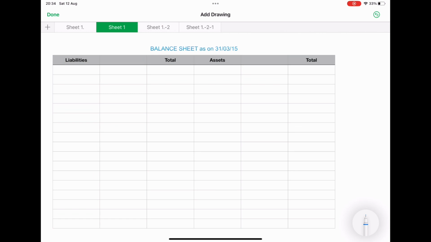So we will start with the liability side. In the question they have given, yes, the first liability will always be capital. We have to start with capital. Share capital or equity capital, whatever they have given, we have to write it down. So capital is 47,000.